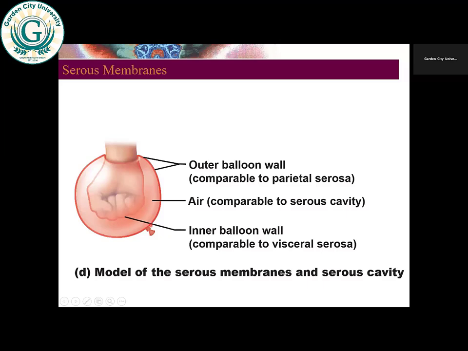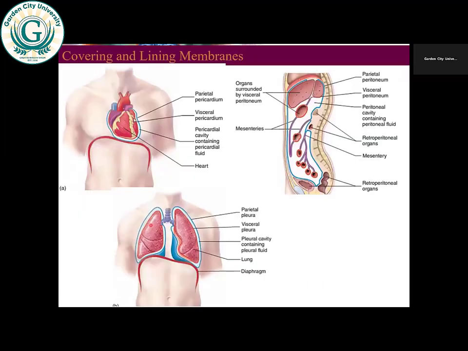So here we have the pericardium. This one is a serous pericardium. The blue one, which is lining the wall, is called the parietal pericardium. And then it goes, then thins and covers the what? The heart itself. So that one will be the visceral pericardium. Then this one, the same thing. What lines the wall will be the parietal pleura.